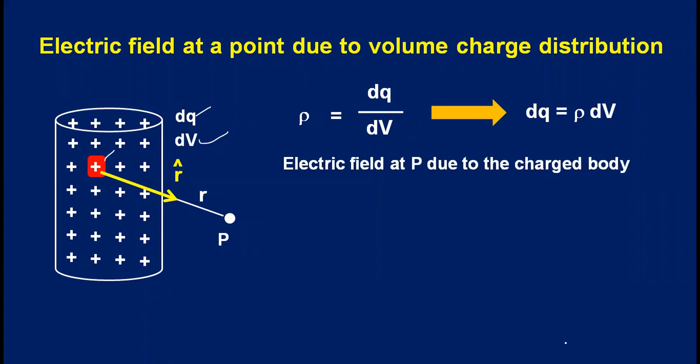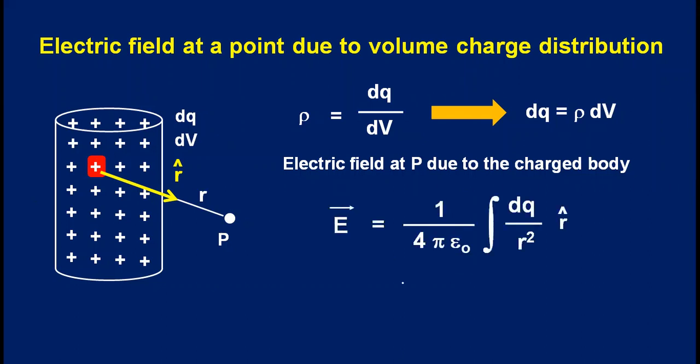Now we know electric field at the point P due to this charge element. The charge element acts as a point charge here. It will be, by the generalized formula, 1 by 4 pi epsilon naught into dq by r square into r cap. Integrating that, I'll be getting electric field due to the entire charge of the body. Therefore, electric field at the point P due to the entire charge of the body is obtained by 1 by 4 pi epsilon naught integral dq over r square into r cap.